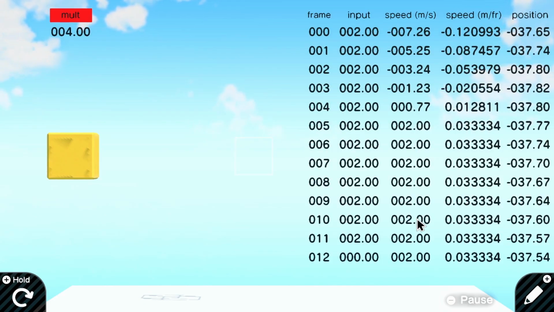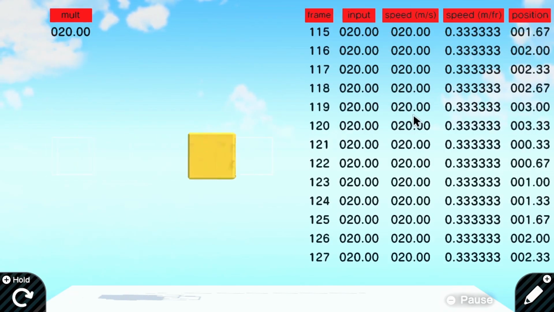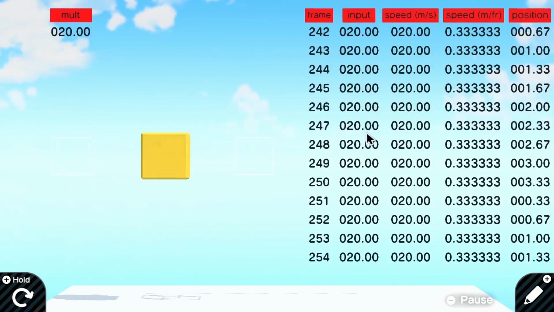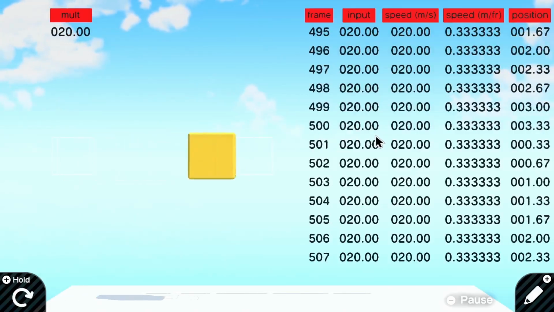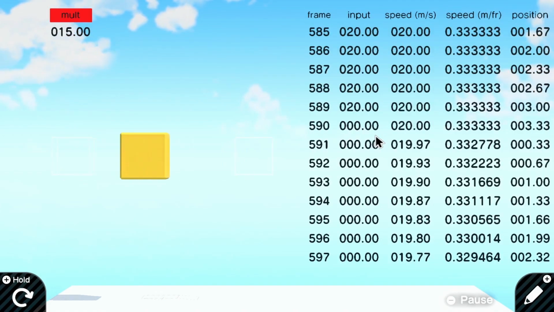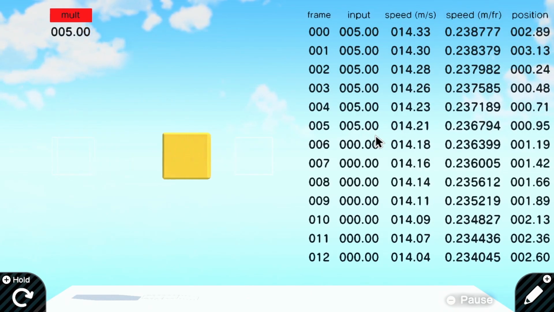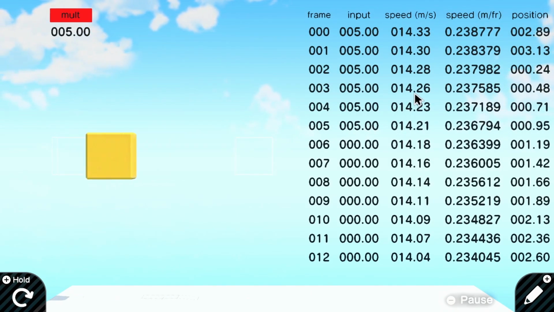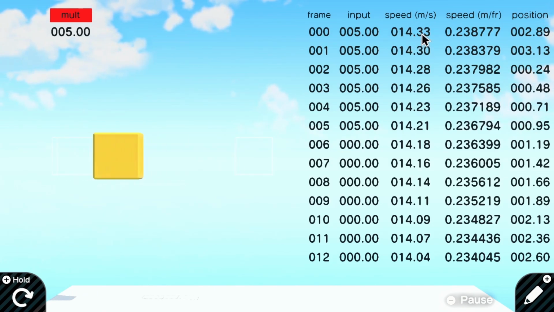Now, if we look at what happens when we set the speed to a high number, for example, 20, and then what will happen if we send a speed lower than 20? So let's just send 5. You will see that the speed is 14.33 and input is 5.